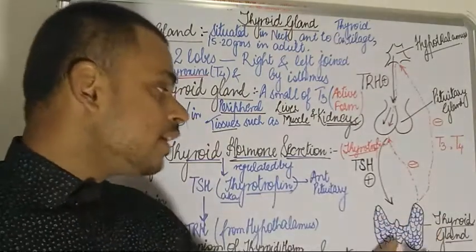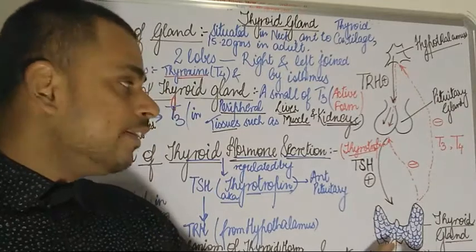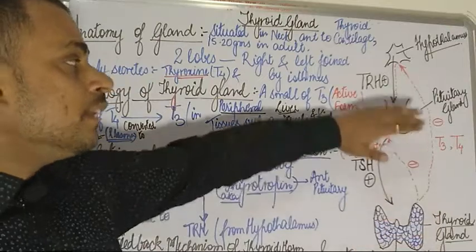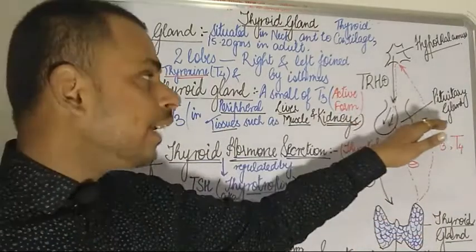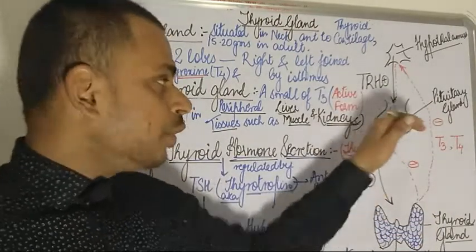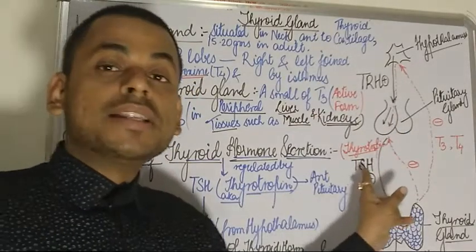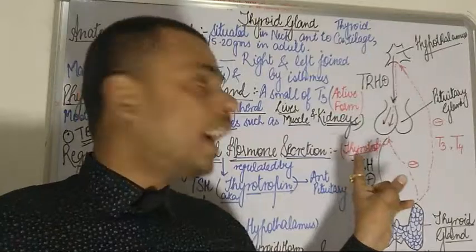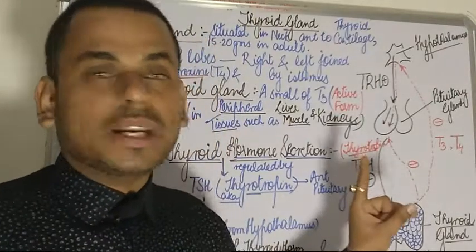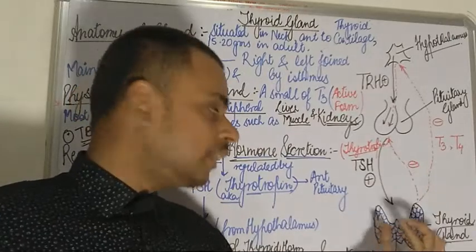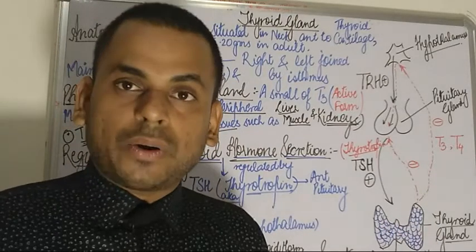The thyroid hormones, T3 and T4, are released under the stimulation sent by the pituitary gland. So being the master gland, the anterior pituitary releases the thyroid stimulating hormone, or thyrotropin, which goes and acts on the thyroid gland to release thyroxine.